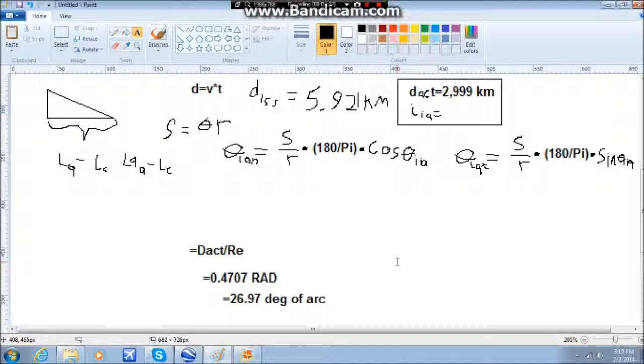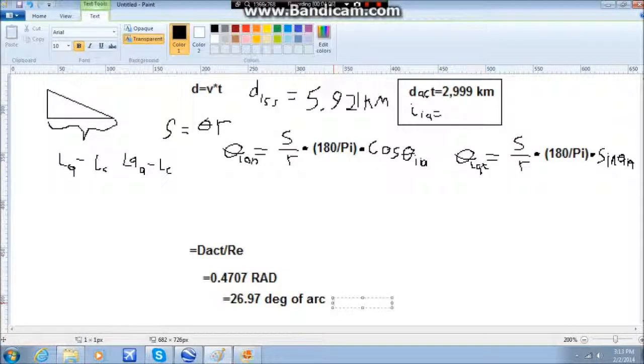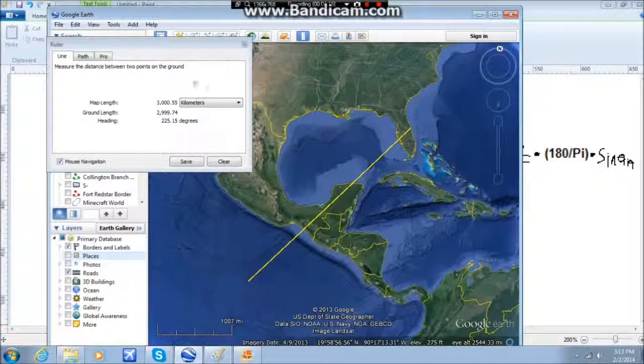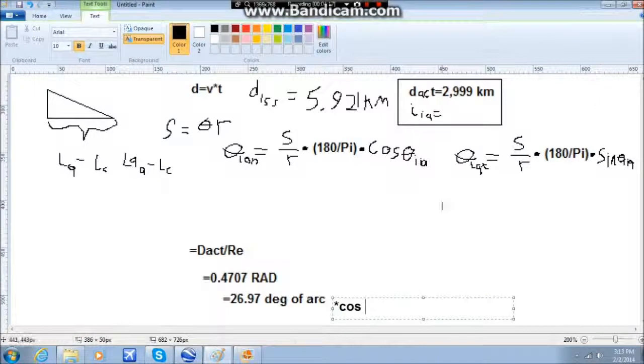So now what we have to do is multiply this value by the cosine of the angle, which in this case is 225 degrees. So we do cosine of 225 degrees, and to get the latitude, sine of 225 degrees.